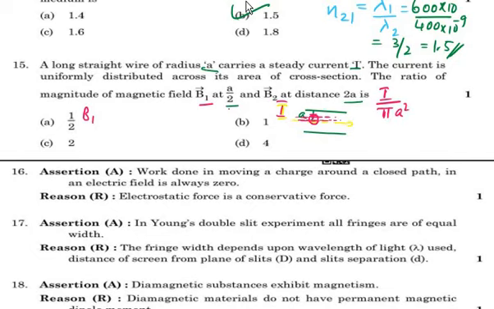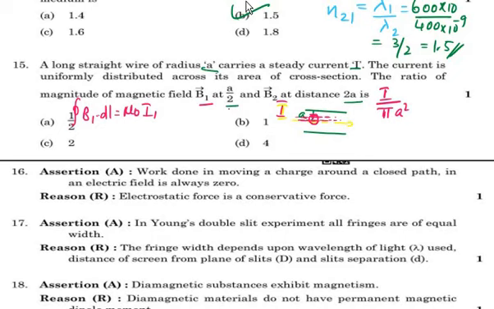So now let us calculate the magnetic field B1. If you apply Ampere circuital law, we can find out integral B dot dl will become mu 0 I1. So I am writing B1 dot dl will become mu 0 I1. I1 we need to find out. If you consider an Amperian loop, the angle between the magnetic field and the length element will become 0.